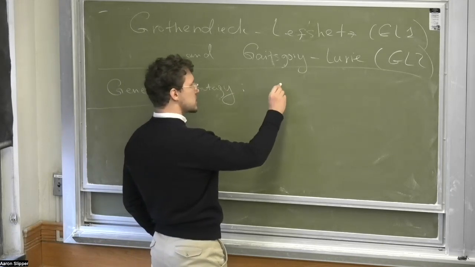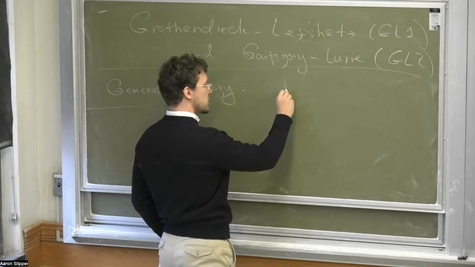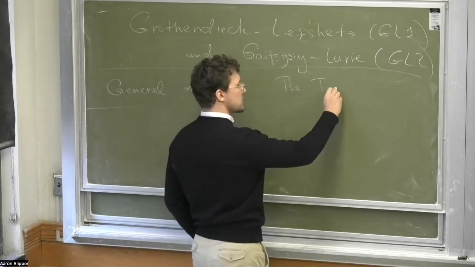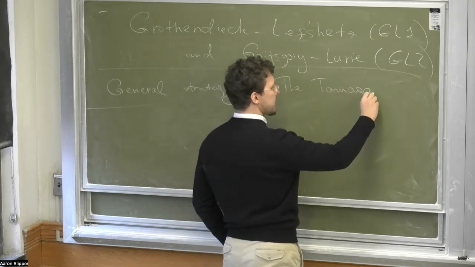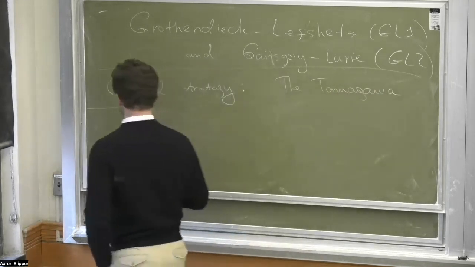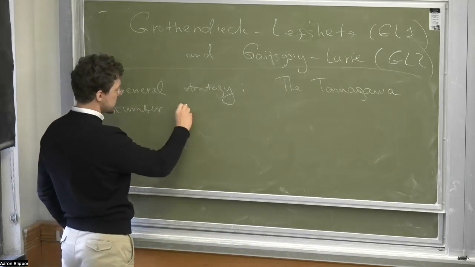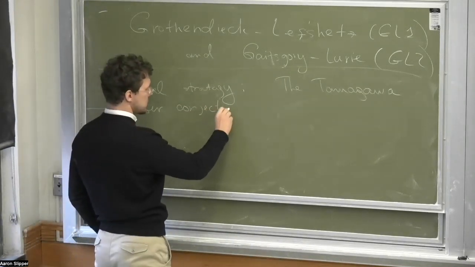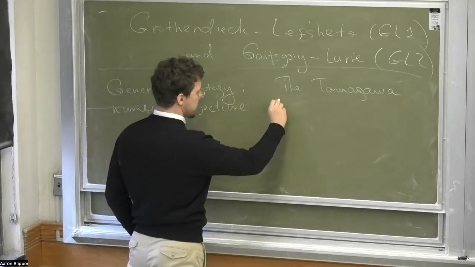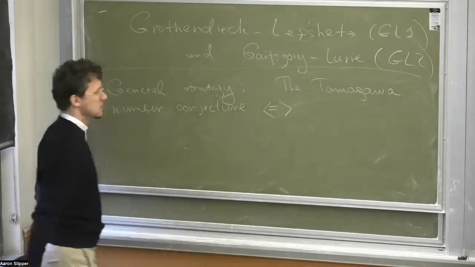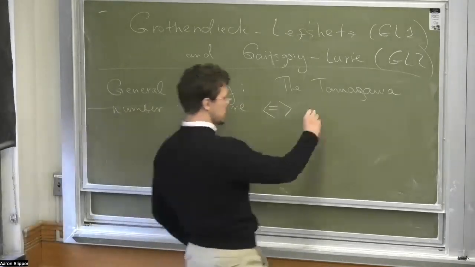The general strategy was that the Tamagawa number conjecture is equivalent to the following interesting product formula.